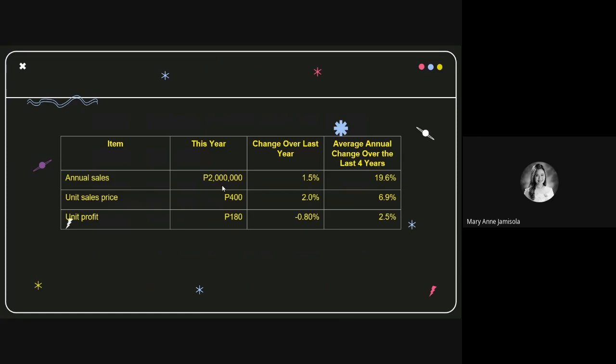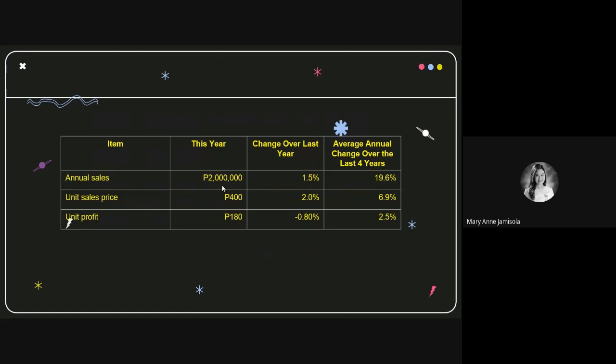So we have here, if you can look at the table, annual sales for this year is 2 million. If we compare it to last year's sales, that is a 1.5 increase, while the average annual change over the last 4 years is 19.6%. Unit sales price is 400, which is 2% higher than last year's.